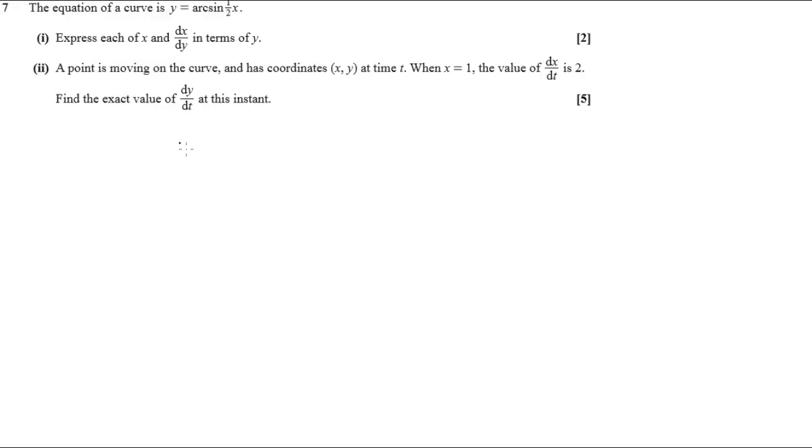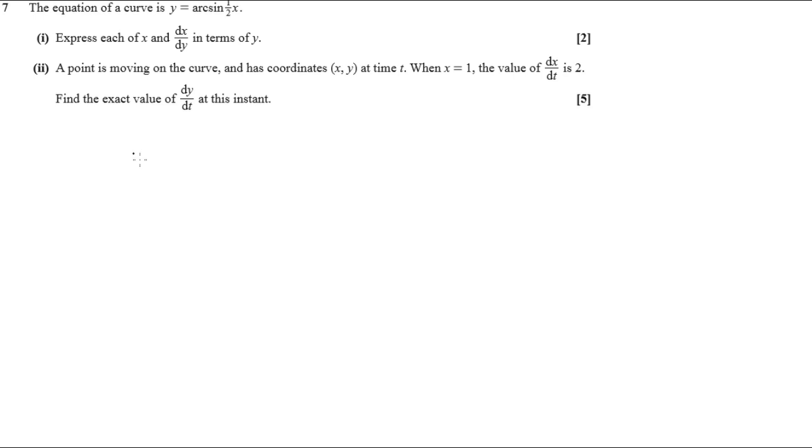Question 7 is kind of implicit-ish, but not quite. It's just differentiation, really, and parametrics, I guess. So, first part, express x and dx by dy in terms of y.